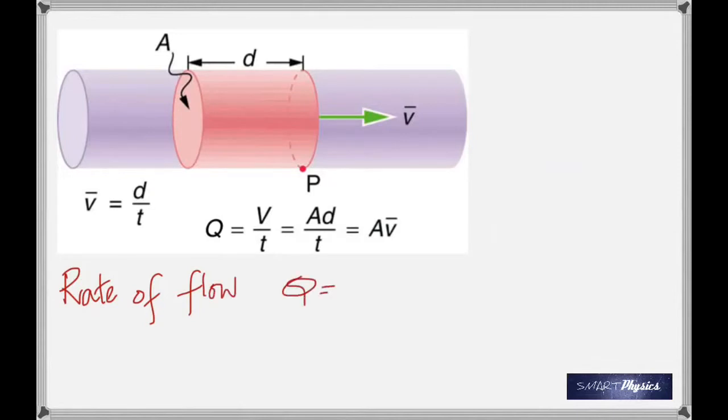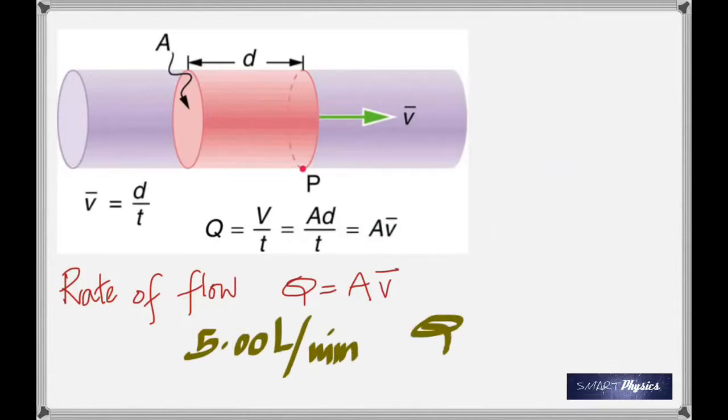So I'm saying rate of flow, Q is... just an interesting fact, 5 liters of blood flow in a minute in the human body. Did you know that? 5 liters in 1 minute. That is the rate of flow of blood.